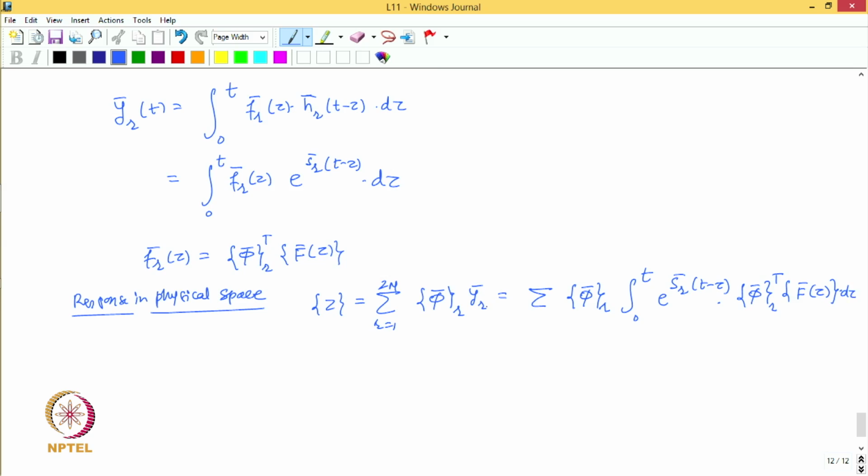So, that is nothing but the response in physical space to the transient forces. So, using this we can find the response in physical space. We need to just introduce here the vector of transient forces acting and then perform this integration.